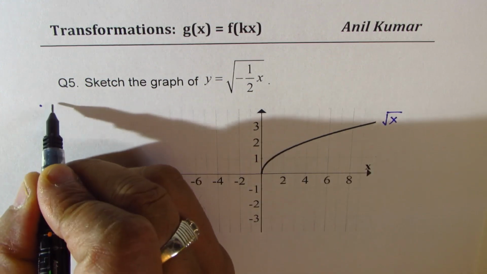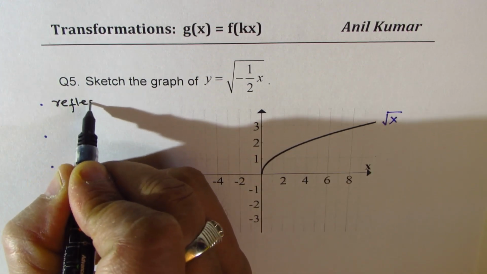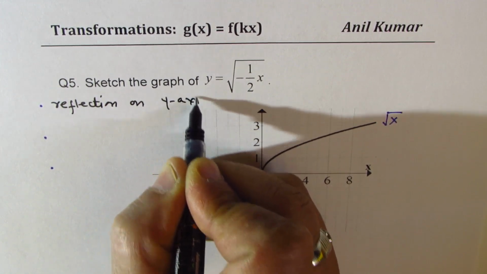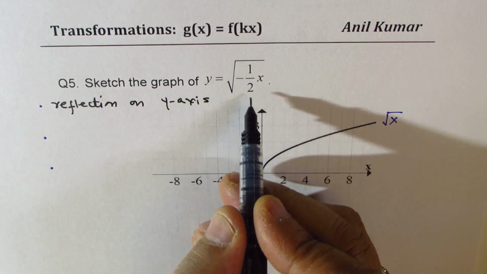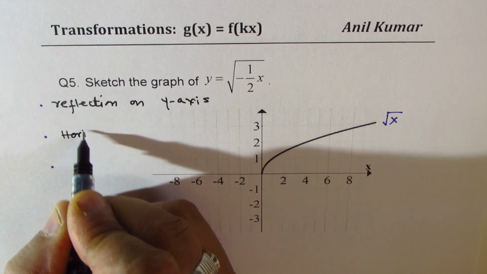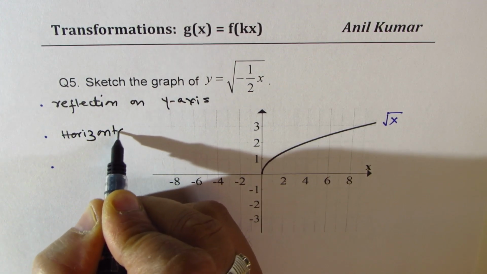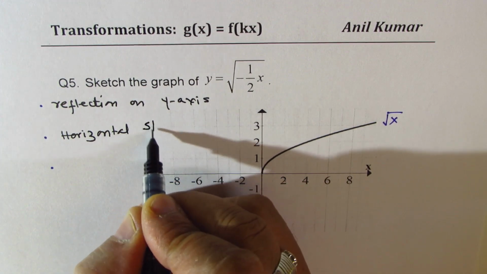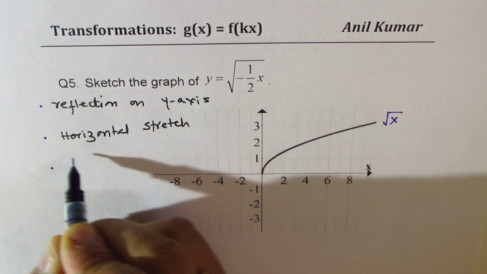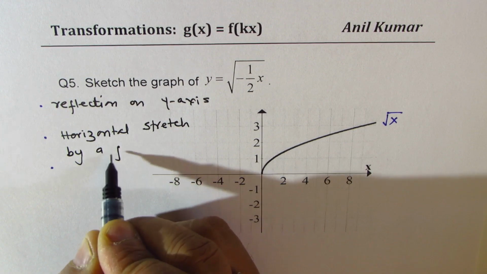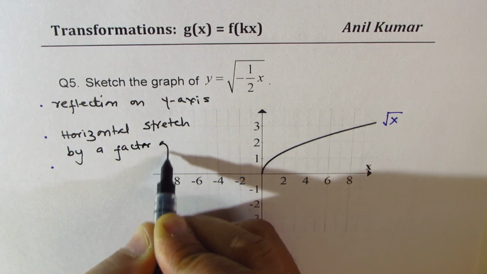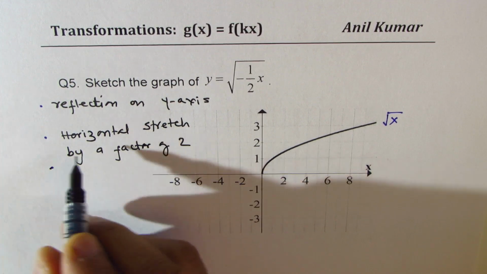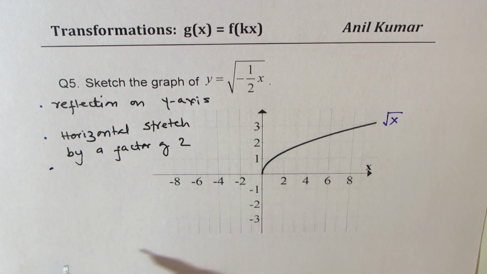First one is reflection on y-axis, and then we have horizontal stretch by a factor of 2. Do the reciprocal of this. So these are the 2 combinations which take place.